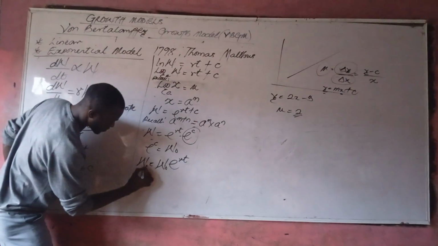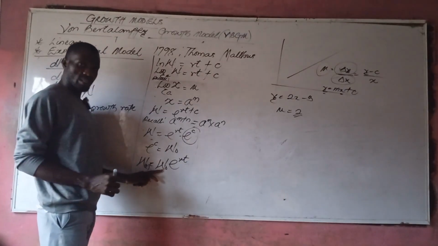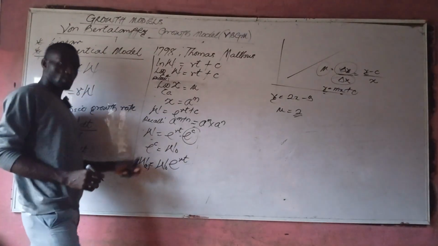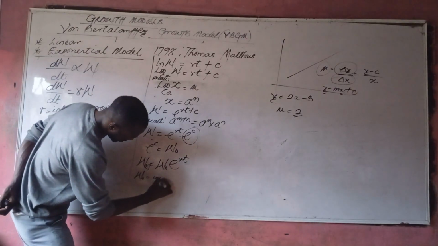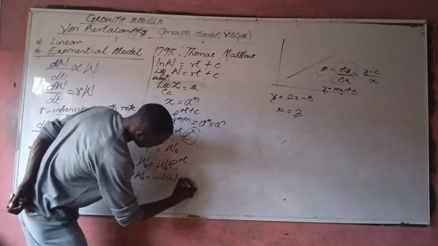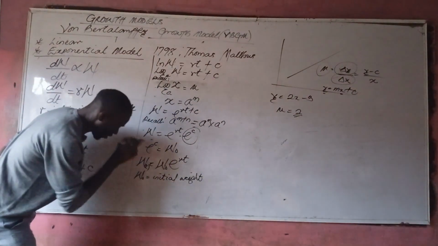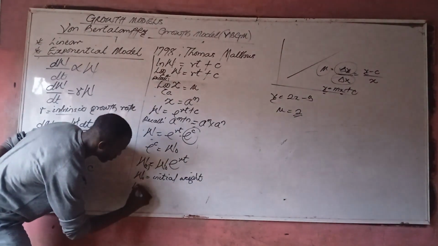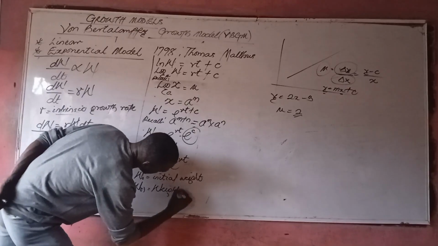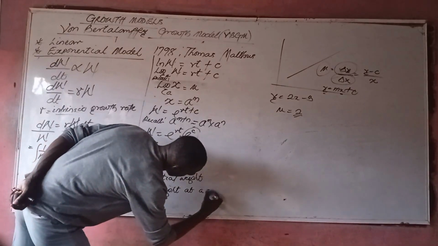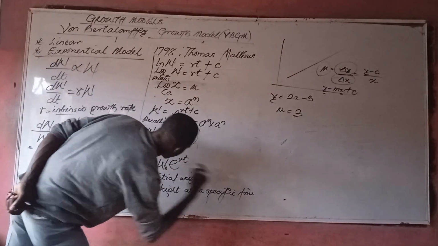So w sub t, that is weight at a particular time, is going to be the original weight. W sub naught is going to be the initial weight of the fish, or the initial biomass, and the w sub t is going to be the weight at a particular, specific time that you are calculating, at a given time.